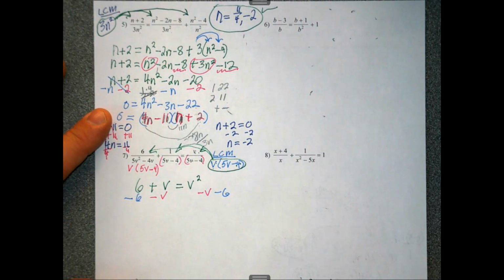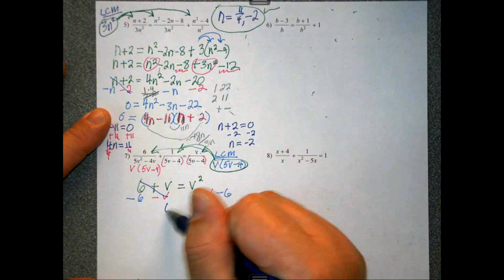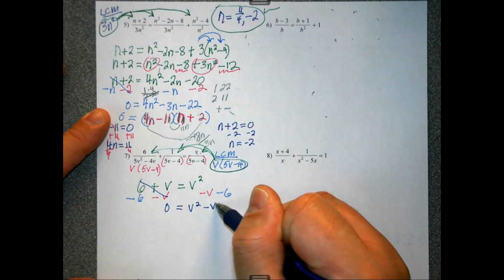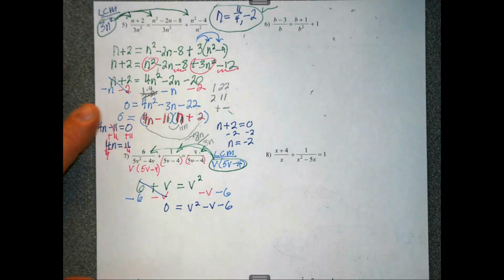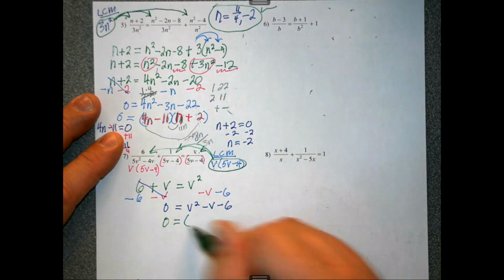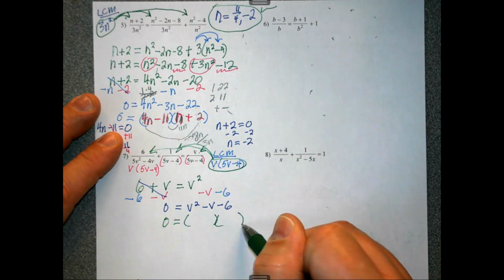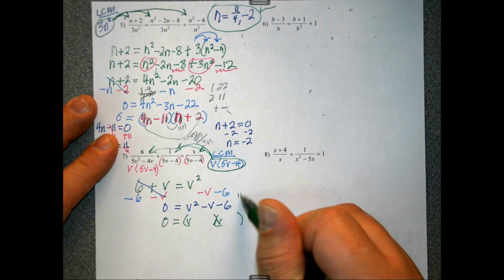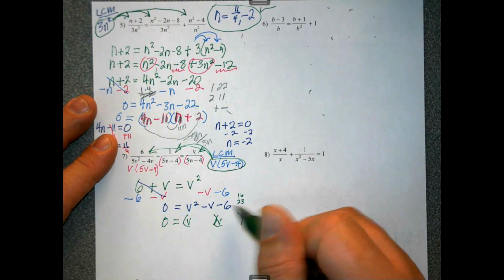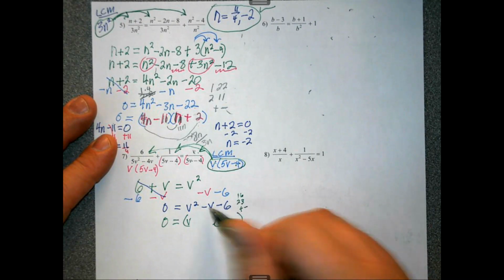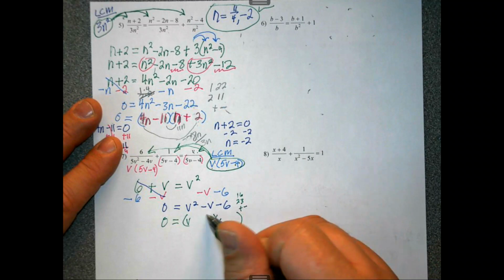So I get my 0, and here I have v squared minus v minus 6. And this one hopefully doesn't look that bad to factor. V times v. Let's see, I have 1 and 6, 2 and 3. They're going to subtract. So 3 minus 2 is going to leave me with 1v.